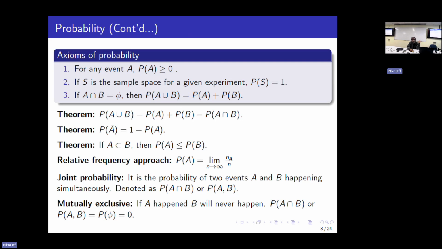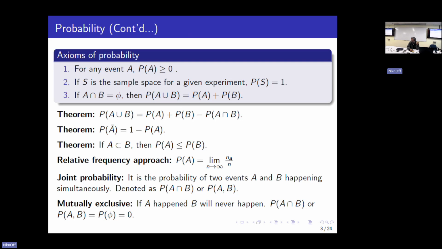Now the relative frequency approach. Sometimes we say that with a real experiment we can find the probability. For example, if we want to find the probability of getting a head when we toss a coin, we can toss a coin many times, infinite times, and count the heads. This we used to do in our childhood.